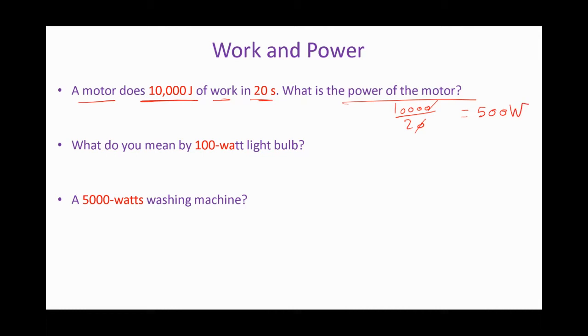What do you mean by a 100 watt light bulb? A bulb is what you buy, and on the box you will find it written 100 watt. What does it mean?